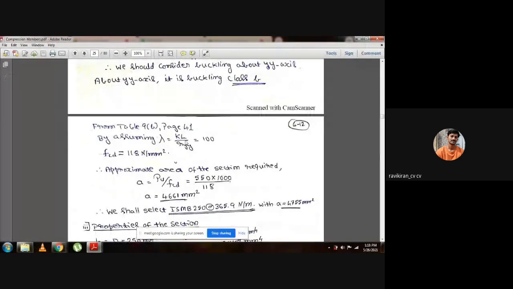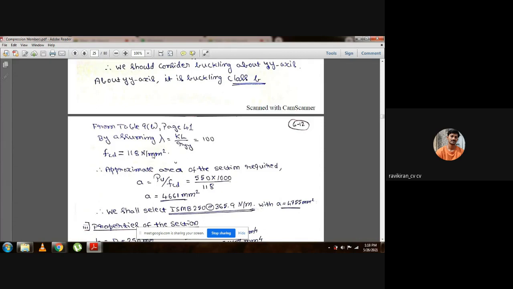Now open the steel table, IS 800, table 9C, page number 41, by assuming a lambda value, that is KL by r value of 100. This 100 value we are assuming initially. For this 100 value, from page 41, the FCD value corresponding to a yield strength of 250, we are going to get 118 Newton per mm square.